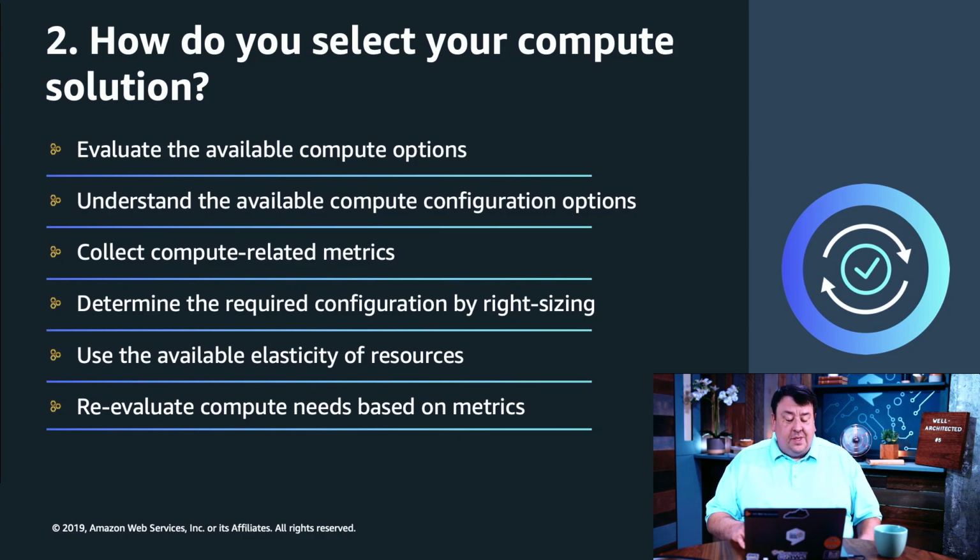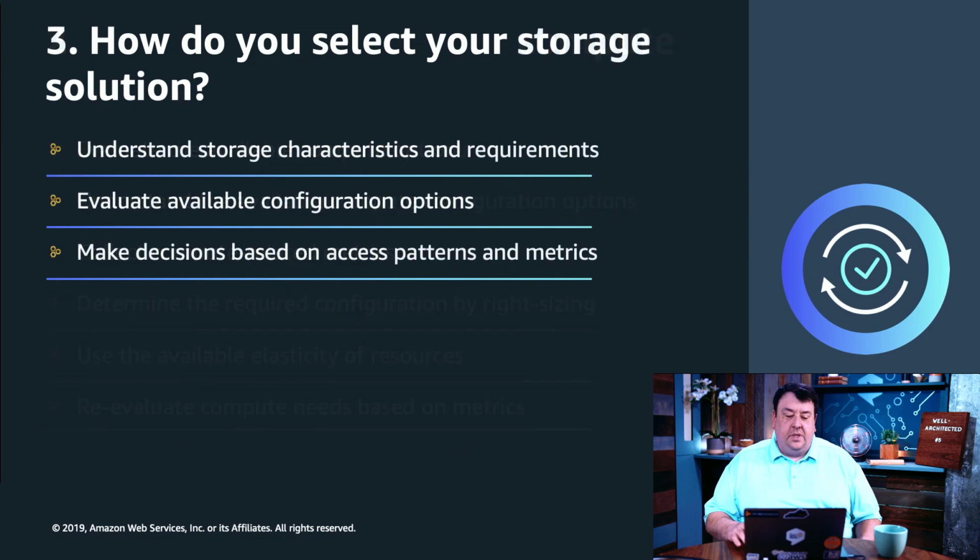And then, a huge one is to change workloads to be as elastic as possible. You need to make sure that your resources have the ability to grow and shrink as needed based on your workload. So constantly reevaluate those, make sure that those metrics make sense for you, and then use those metrics to make decisions on what compute resources you're going to use.